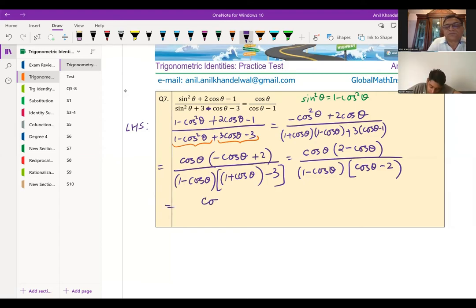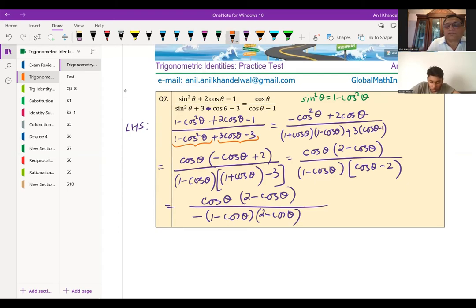So cos theta times 2 minus cos theta, I could write the denominator as negative of this, right? Well, I want 2 minus cos theta. It is cos theta minus 2, right? So we write minus 1 minus cos theta times 2 minus cos theta.